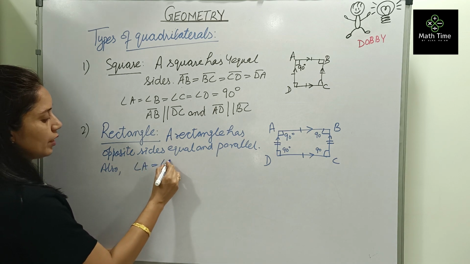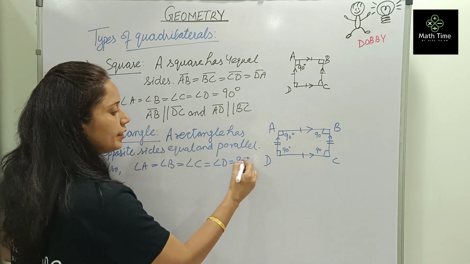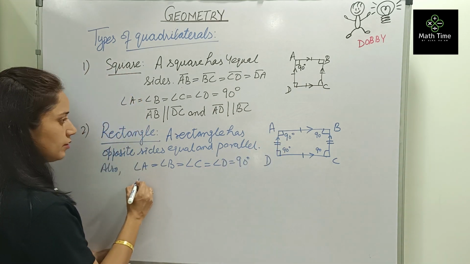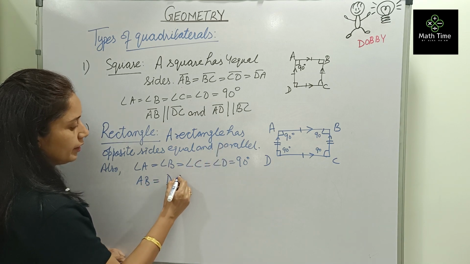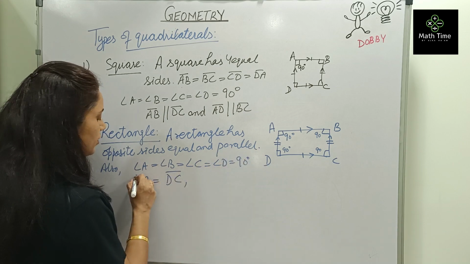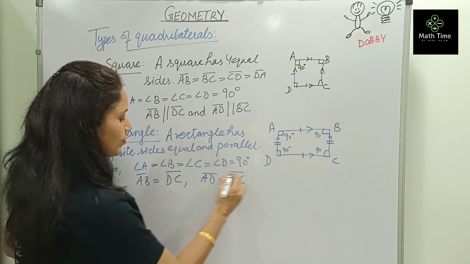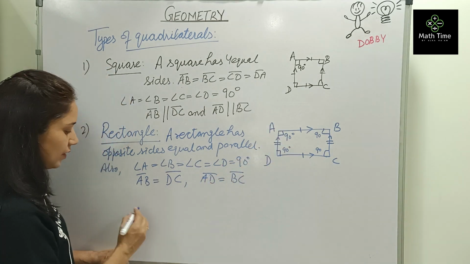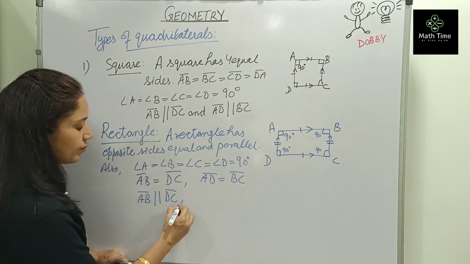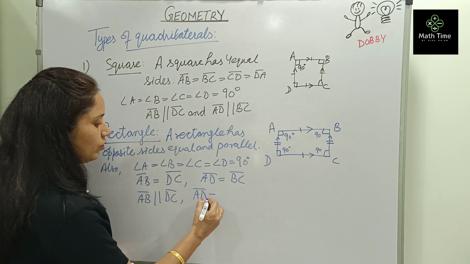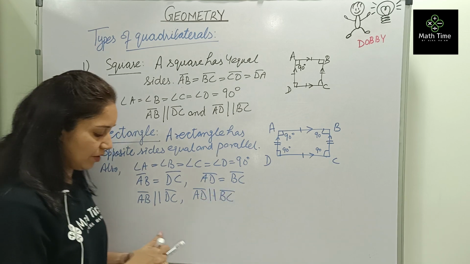Angle A equals angle B equals angle C equals angle D equals 90 degrees. Sides AB top line is equal to bottom line DC and left side AD is equal to right side BC. Opposite sides are equal as well as parallel. AB is parallel to DC. AD is parallel to BC.